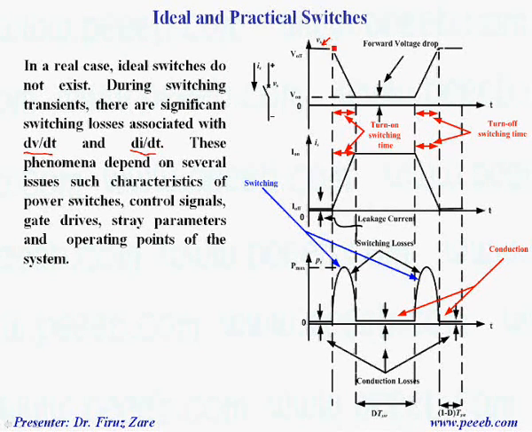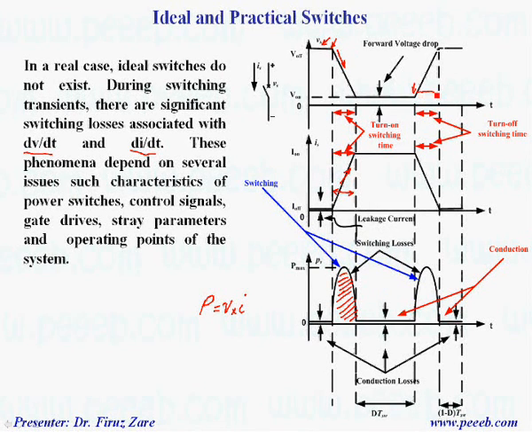So when we apply the gate signal just at this instant, then the voltage across the switch is decreasing while the current through the switch is increasing. So over this switching time, what happens? The power dissipated in this switch, which equals voltage times current, is the switching loss associated with the turn-on state.